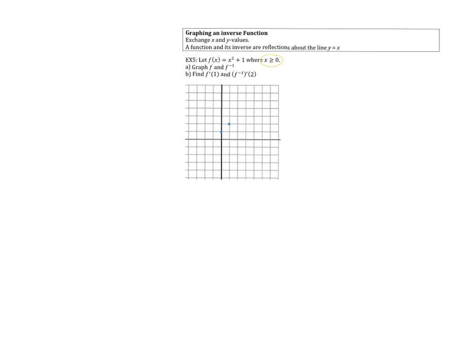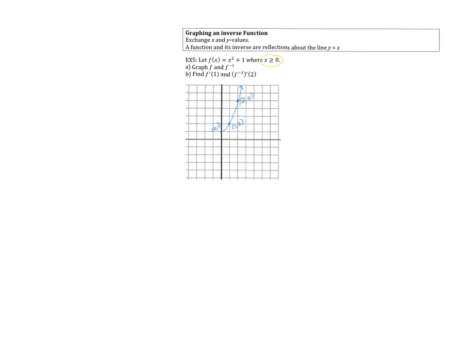And if x is 2, y is 5. Alrighty, so here is my function. So again, it went through the points 0, 1, 1, 2, and 2, 5.